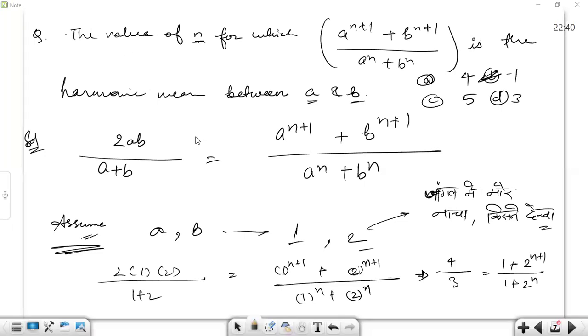No doubts? No, sir. Okay. Please observe the question. It is an important question, and particularly this method, the assumption method. And we'll do it many times. We will assume variables.